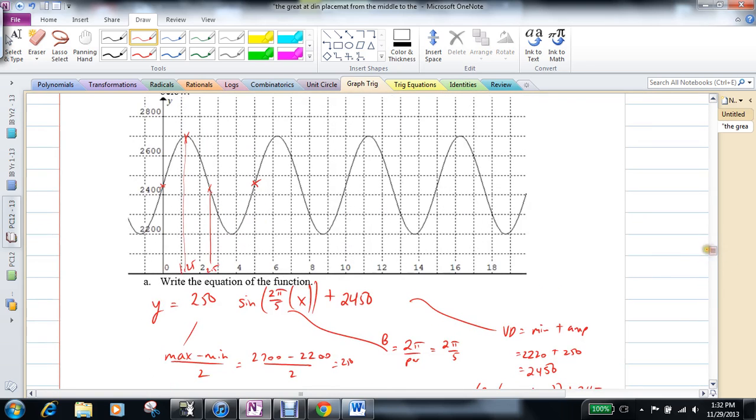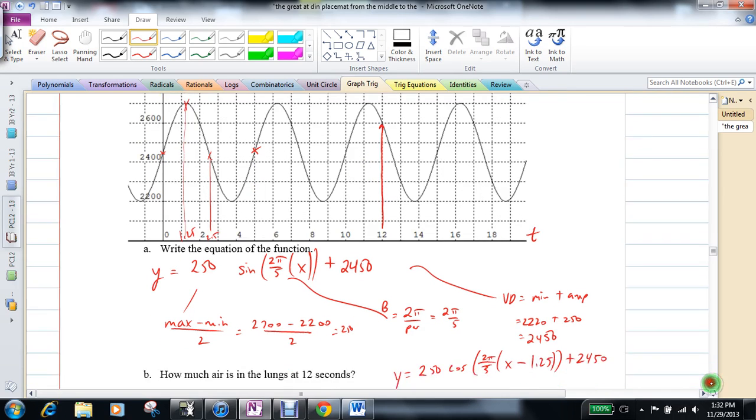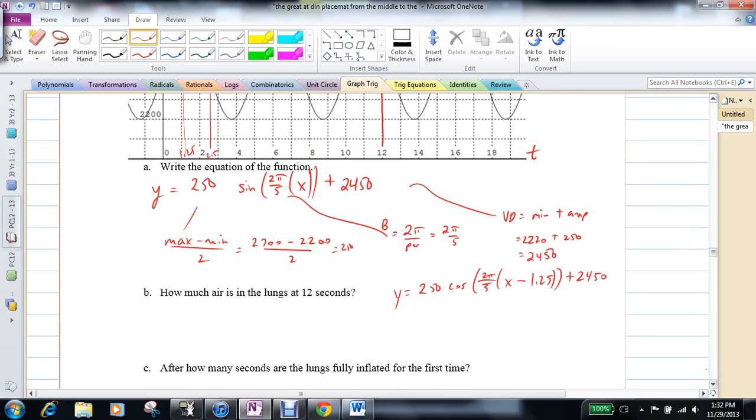So how much air is in the lungs at 12 seconds? Well, 12 seconds is the time along the horizontal axis, and at 12 we could simply travel up and identify that value, and a lot of students are going to tell me that it's 2600. Well, how could we find it exactly? Exactly, we want to know the y value when x is 12.